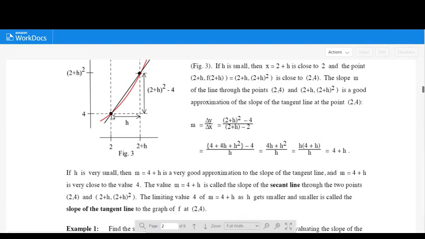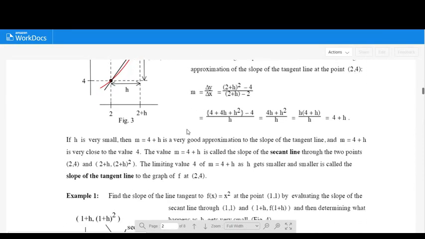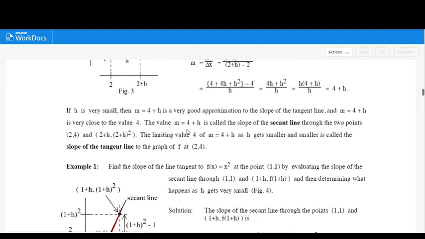So secant line yan. Pero kung 1 point lang sa graph yung na-touch niya, that is a tangent line. So the limiting value 4 of m equals 4 plus h, as h gets smaller and smaller, is called the slope of the tangent line to the graph of f at (2, 4). Yan. So ganun pala ang pagkuha or pag-approximate ng slope of tangent line and secant line.